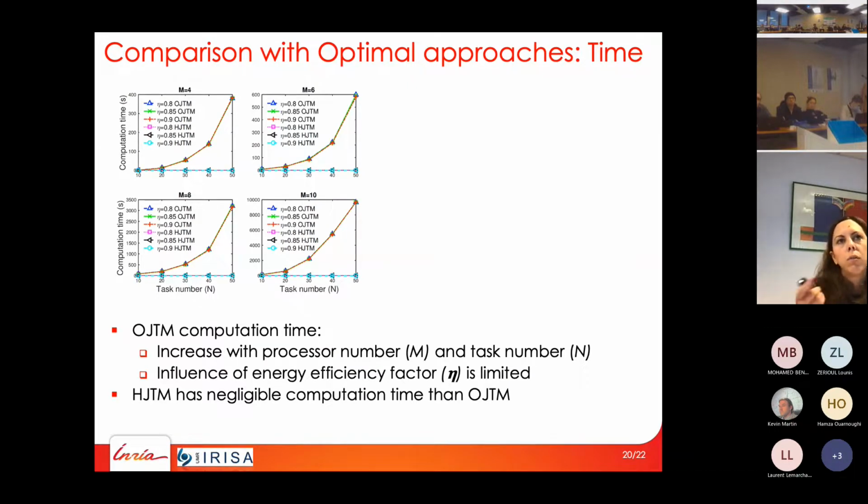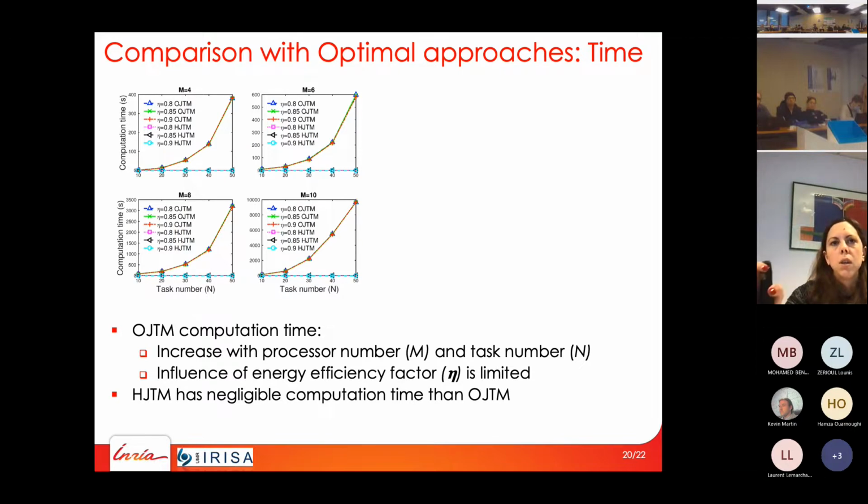Here, on the top left, is the computation time needed in seconds for the optimal and the heuristic for different efficiency factors. The curve that goes up is the optimal one.